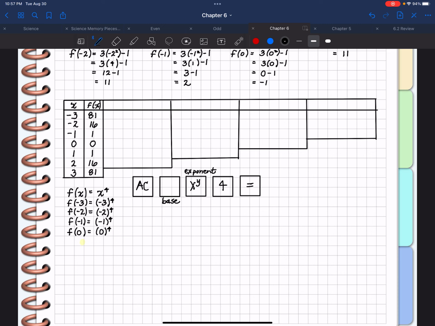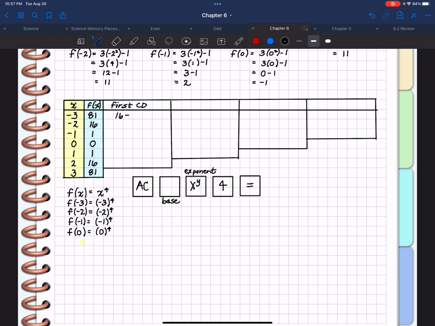So get your values. We know it's a function because the x's are all different. It's a 4th degree function. The y's are not all different, so it's not 1 to 1. That doesn't matter, but it's good practice. So let's look at the first consecutive differences.